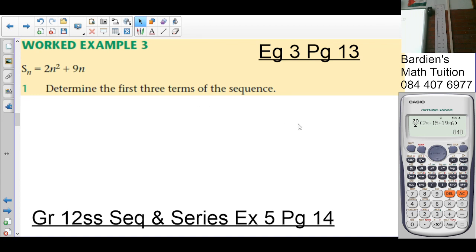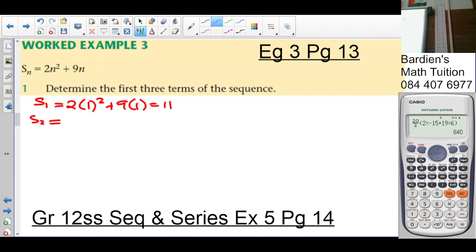So in other words, we want you to work out T1, T2, T3. You guys understand? So where do we start? We start by saying S1 is equal to. If I say here n, I put a 1. So it's 2 times 1 squared plus 9 times 1. 1 squared is 1 times 2 is 2 plus 9 is 11.